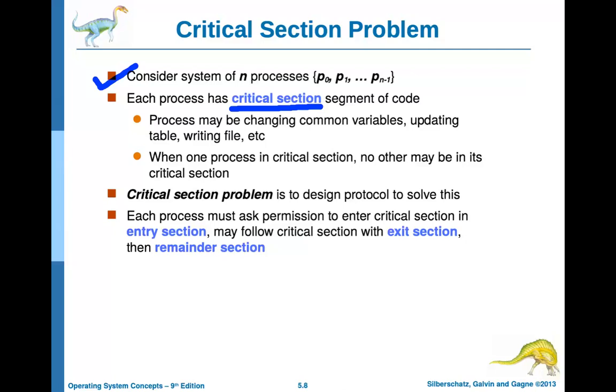The word used here is common, but the meaning of common is one which is shared between multiple processes. It may be changing the common variable, updating a table, writing a file, etc.